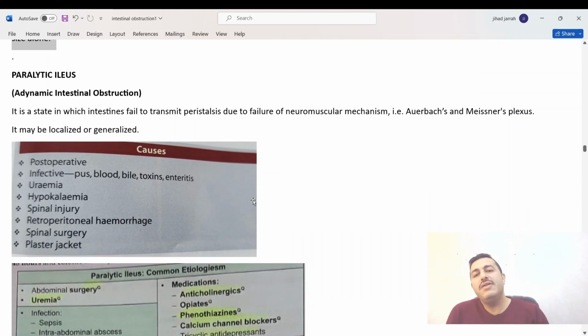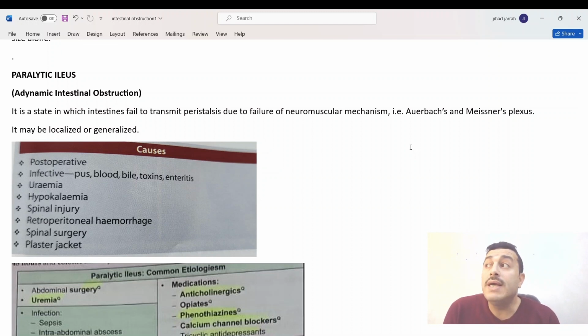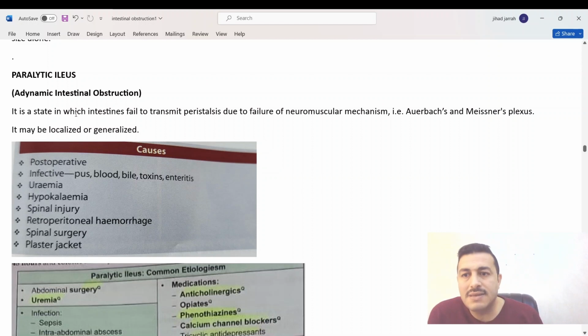Okay. Another entity discussed in intestinal obstruction is paralytic ileus, and you can remember we classify intestinal obstruction into dynamic and adynamic. An important example of adynamic intestinal obstruction is paralytic ileus.